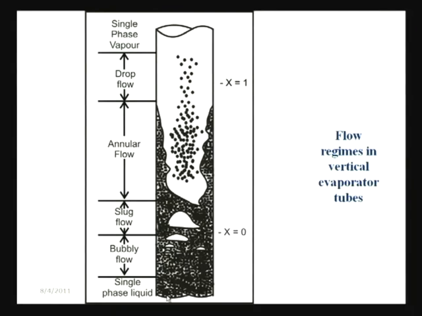If you can see this picture, it will be much more evident. Initially we have single phase liquid, where liquid is below the saturation temperature, then gradually bubbles start forming and bubbles get detached from the wall, they flow up in the liquid, the bubbly flow pattern, then gradually we get the slug flow pattern, and finally we find that these slugs become larger and more numerous, they then form a continuous gas core with a liquid film and the annular flow pattern sets in.